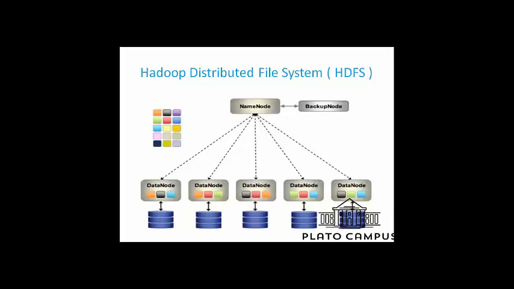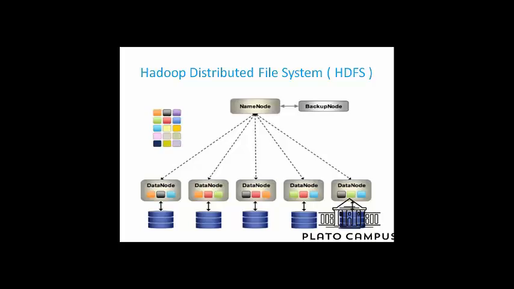One more thing you can notice is that these colorful blocks are nothing but the smaller parts of a bigger file. The file was too big to be stored on a single system. That's why we have split that bigger file into smaller parts, so that those smaller parts can be stored very easily on multiple machines.